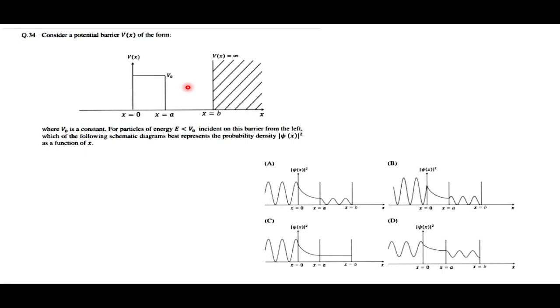So what I am saying here: you know the k vector is root over 2mE by h cut square, right? Here the wave vector in this region, k3, will be root over 2m by h cut square times V naught minus E in magnitude, okay. So what will be the wavelength? Wavelength will increase, right? Yes, yes, yes. Wavelength will increase.